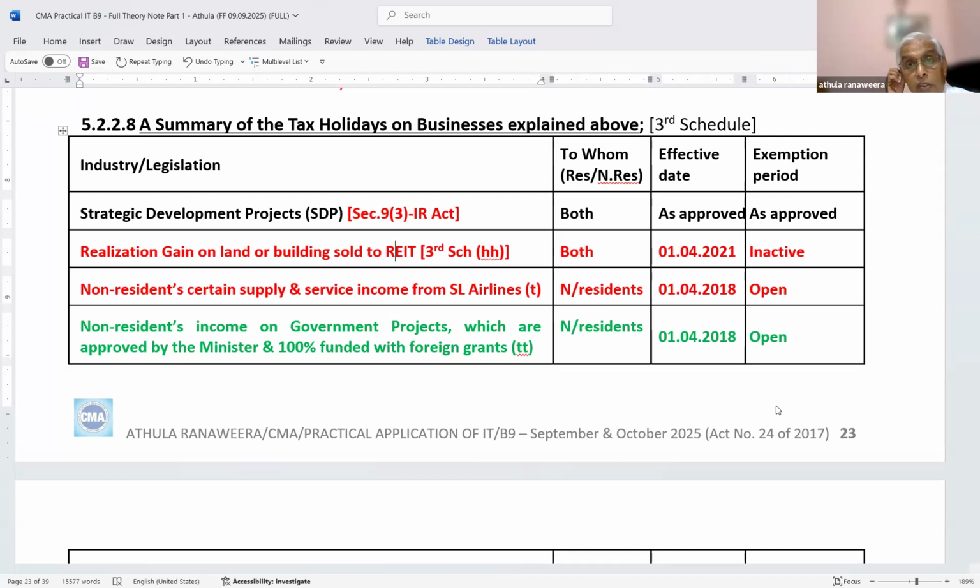When they expect 10% on 100 million, they expect a 10 million US dollar profit. When they want 10 million profit, after paying 30% tax, they have to take 10 million as equivalent to 70% of that. That means almost 13.5 million. Ultimately, they jack up the project cost by another 3.5 million US dollars.